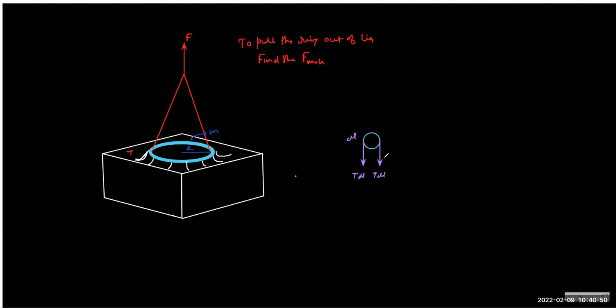And then the net downward force, we have to add across all lengths. So the net downward force F downward is how much? It is 2T dl, integrated over the ring, and the dl integration is what? 2 pi r.